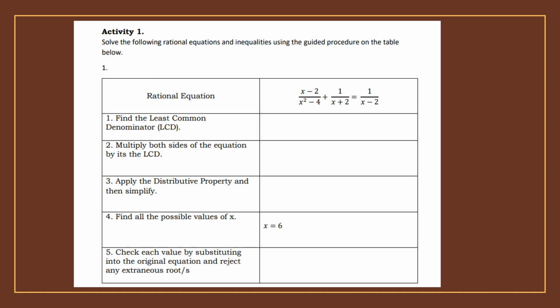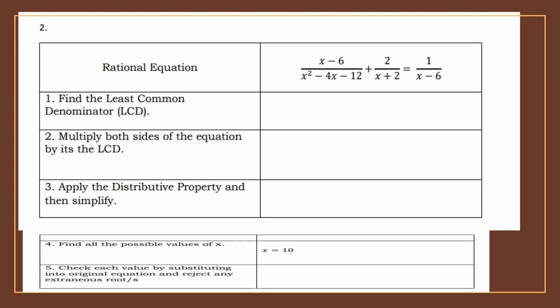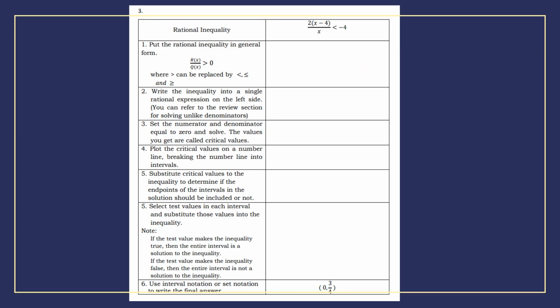And for your activity, here are the activities given. Then later on, I will post it in our G class, wherein you can post your answers. This is the number 2. Mag-screenshot na. This is the number 3.